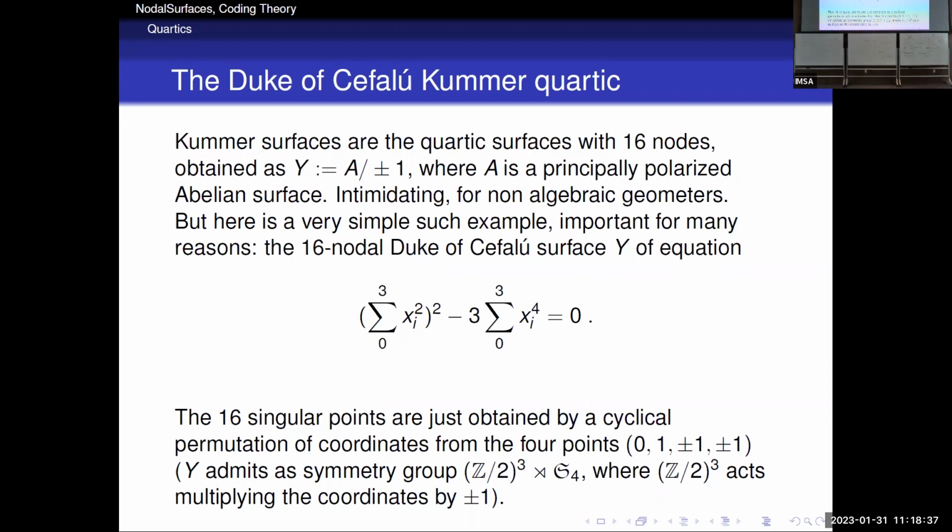Now, what is nice here is that the 16 singular points, since this is a symmetric function, are just the points of the type 0, 1, and then plus minus 1, plus minus 1.